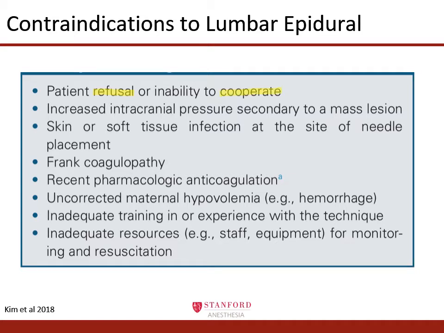The subsequent contraindications are primarily medical in nature, including increased intracranial pressure, an infection at the site of the needle placement, frank coagulopathy, including pharmacologic anticoagulation, any uncorrected hypovolemia because of the risk of hypotension after dosing the epidural, and finally, inadequate training or resources for managing the epidural after placement.